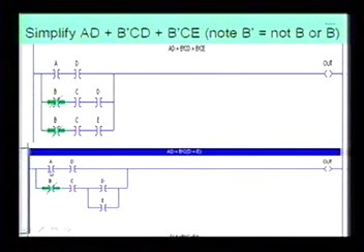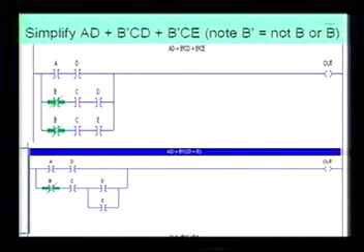Here you have A, D, not B, and it was C, ORed with D, E. So you have A, D, ORed with not B, and it was C, and it with D, ORed with E, equals out.